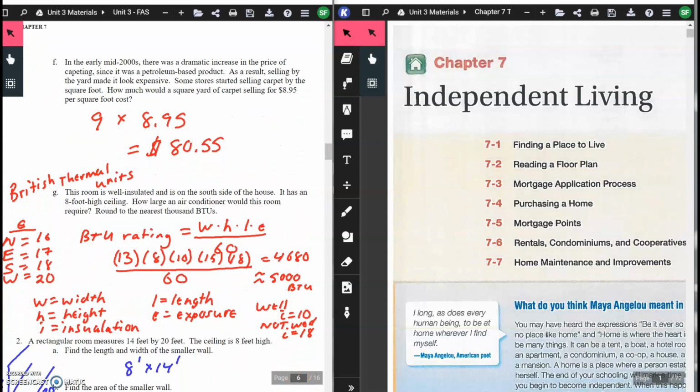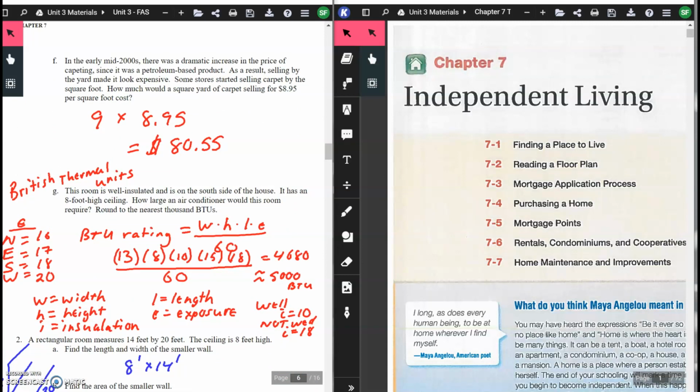In the early-mid 2000s, there was a dramatic increase in the price of carpeting since it was a petroleum-based product. As a result, selling by the yard made it look expensive. Some stores started selling carpet by the square foot. How much would a square yard of carpet selling for $8.95 per square foot cost?